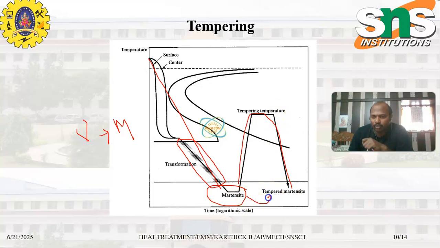This martensite now forms tempered martensite. Martensite has only high hardness, but tempered martensite has high hardness, ductility and toughness. With these mechanical properties, it can be used for a wide range of applications. Okay, thank you. We'll see the two types of tempering process in the next video.